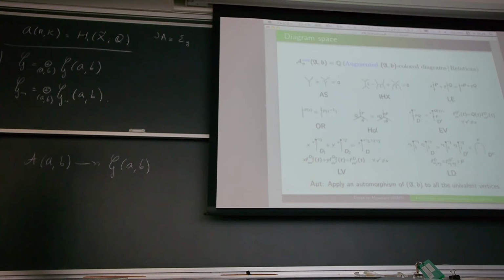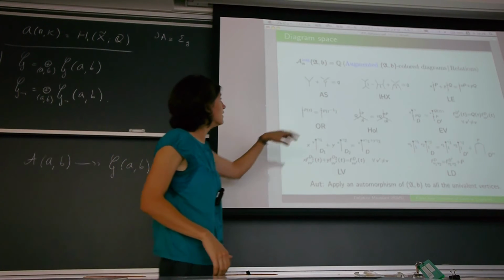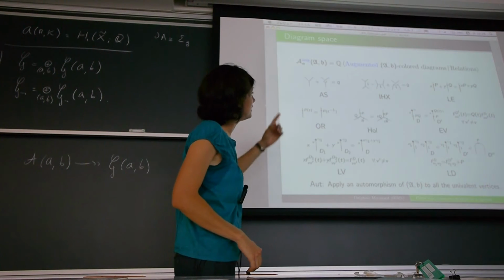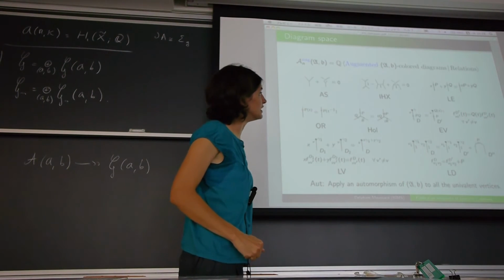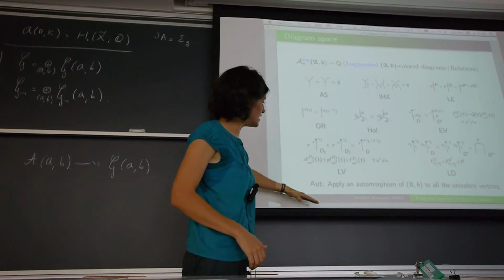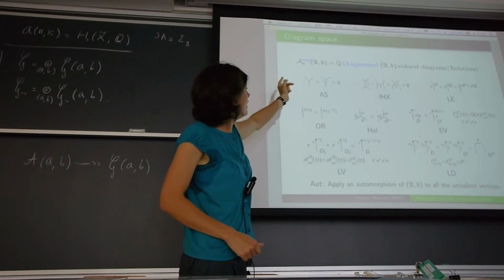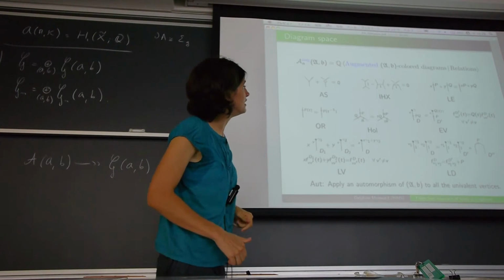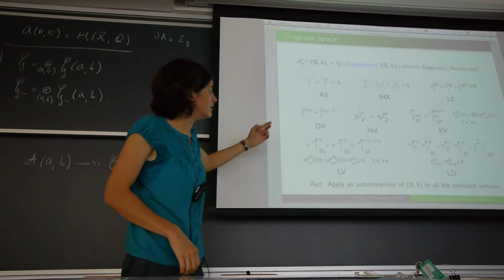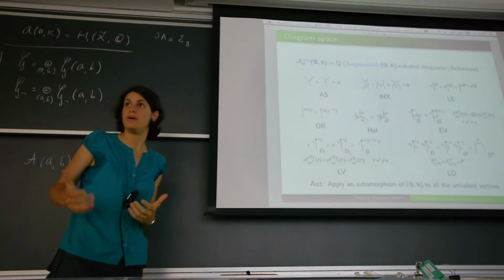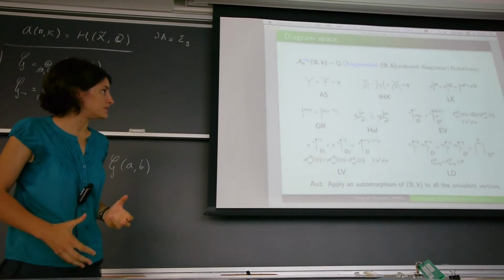Okay, now to define our space of diagrams, we have a series of relations. So without the augmentation, we have A_n^AB, which is a rational vector space generated by AB colored diagrams, up to all these relations. And we also define the augmented version, which is defined from augmented AB diagrams. In these relations, we have the usual AS and IHX relations, which appear already in the Garoufalidis theory.